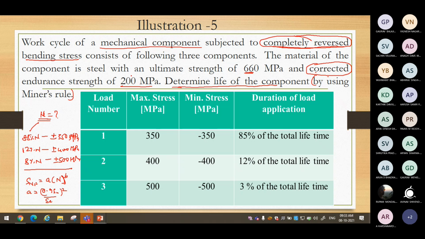See, the corrected endurance strength is already given. Please make a note. Okay, therefore we have to use SE as 200. Do not go and use the formula 0.5 SU. 0.5 SU is SE prime, the laboratory value, the endurance limit for a laboratory tested specimen. Okay.